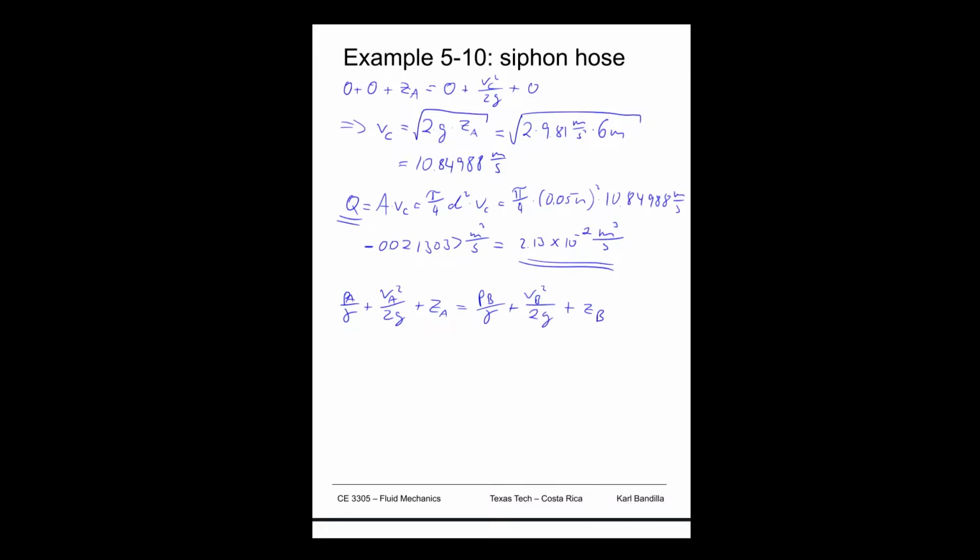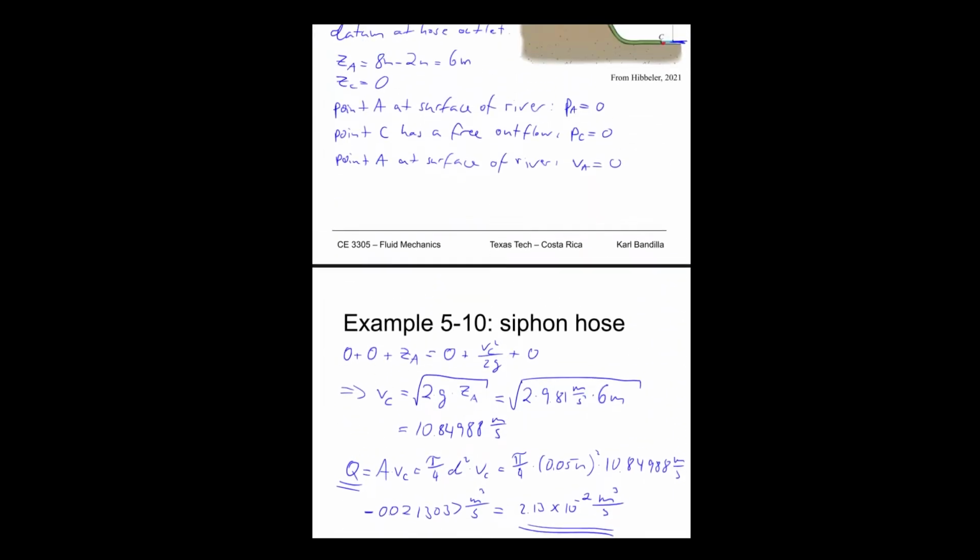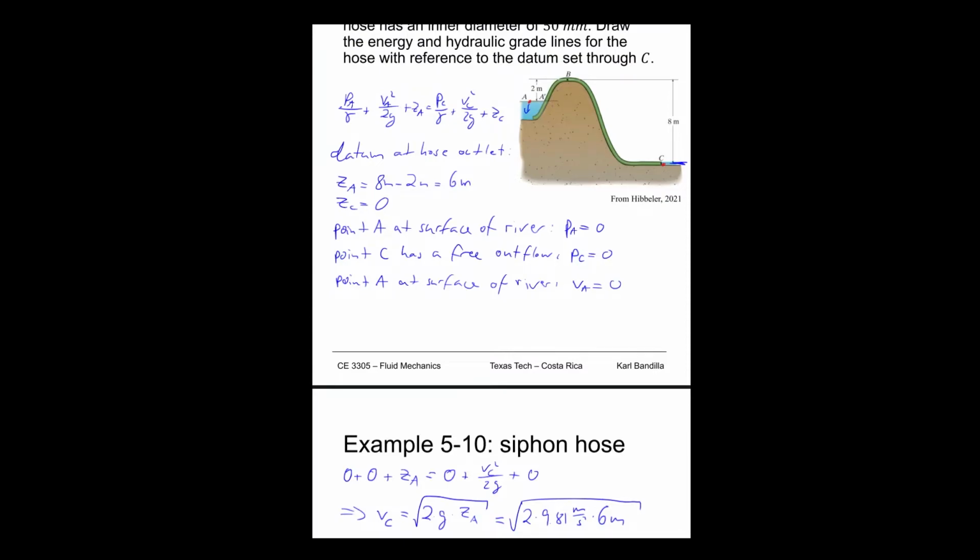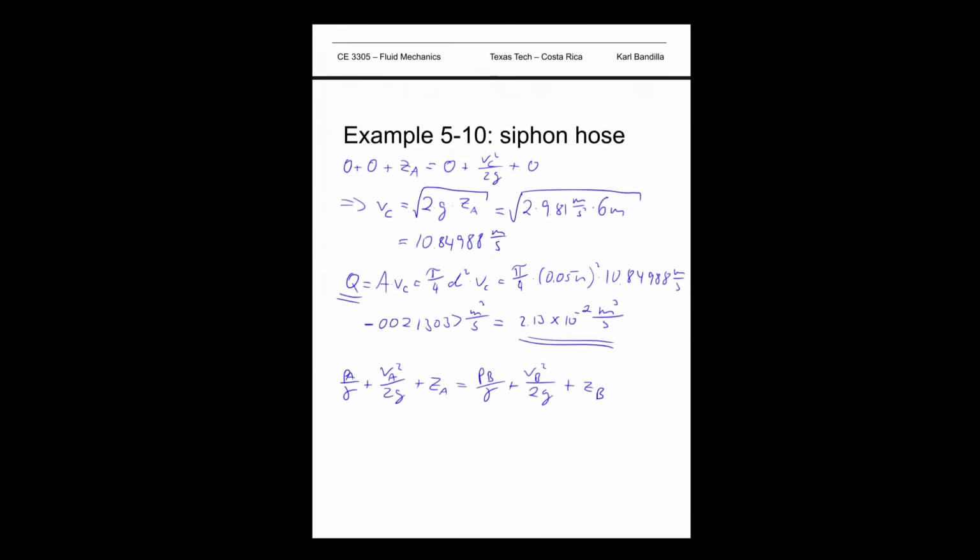All right, so we already know that PA is equal to 0 because it's at the surface of our reservoir. We already said that we figured out what our velocity is, right?